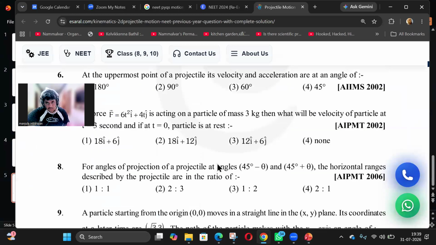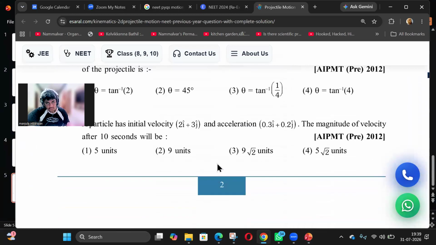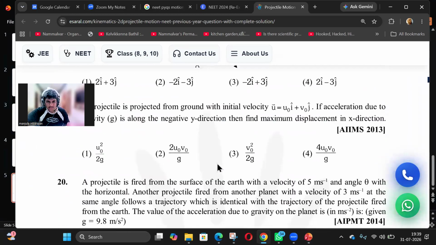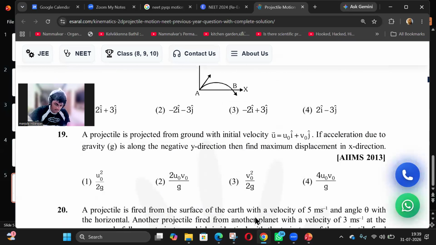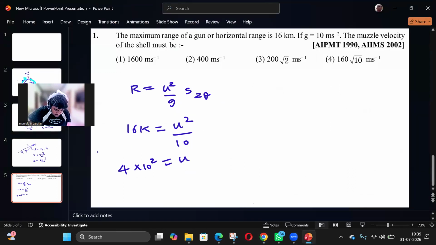U is equal to 20. Wait, sir, if it's 16 kilometers, shouldn't it be 16,000? Yeah, just make the 1000 as K. So then 16 into 10 raised to 4. 1000 is K, no? Yeah. 4 into 10 to the power 2, 400, yes.